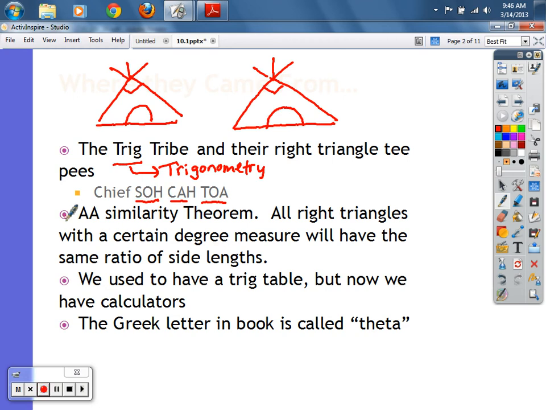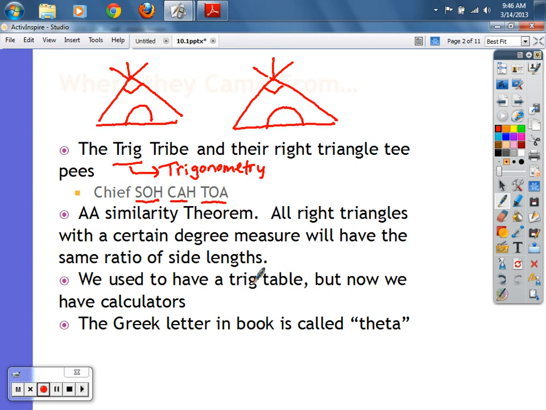Okay, basically what we're going to be dealing with today is all right triangles that have a certain degree measure. For example, a 30, 60, 90 or a 45, 45, 90. They have the same ratio of side lengths. You guys talked about this in geometry when you were figuring out missing sides of 30, 60, 90 triangles or 45, 45, 90 triangles. The same is true for every degree combination. Okay?